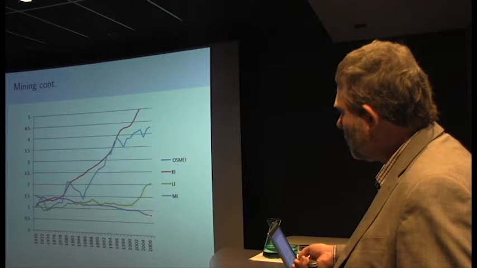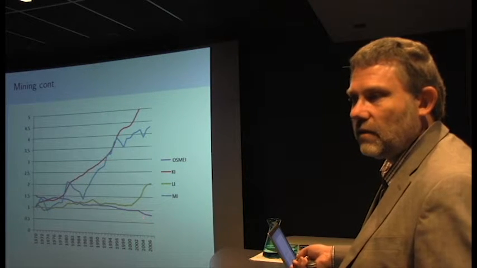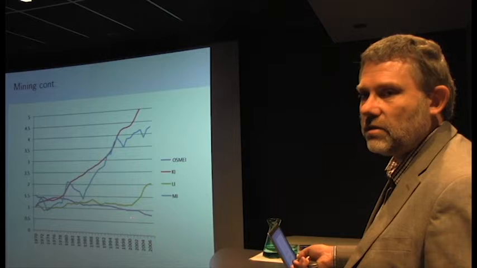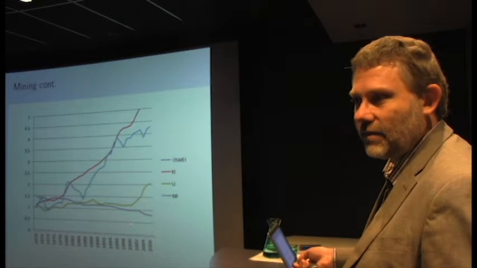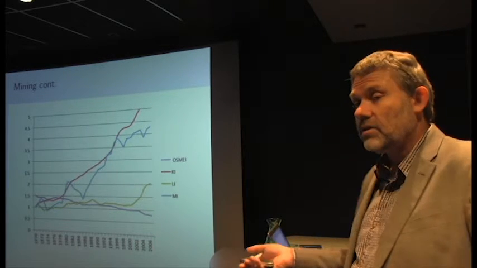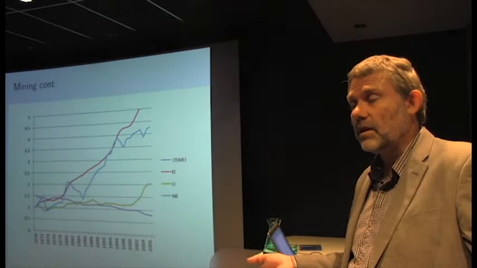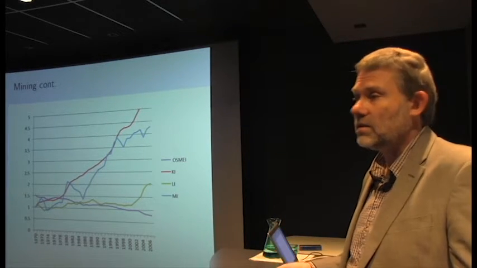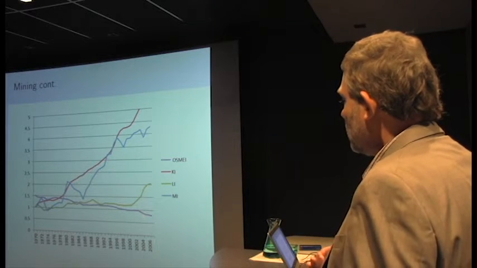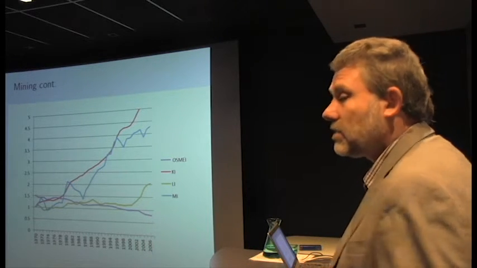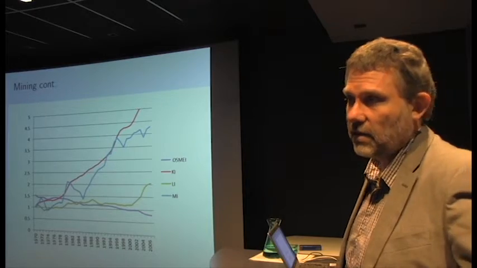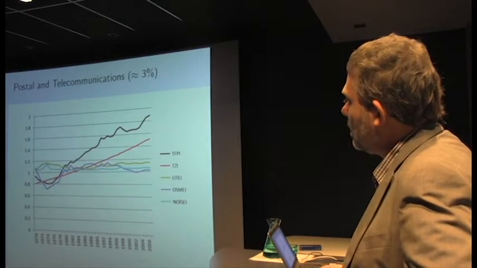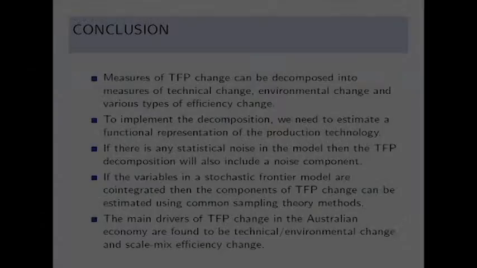It's fallen by 25%, 25% in the last 10 years due to changes in essentially scale. That's the order of magnitude of change in productivity in this industry. We've had a 25% fall in productivity in this industry in the last 10 years, and this is suggesting that this is changes in scale, diseconomies of scale. Other industries. So that's basically it.